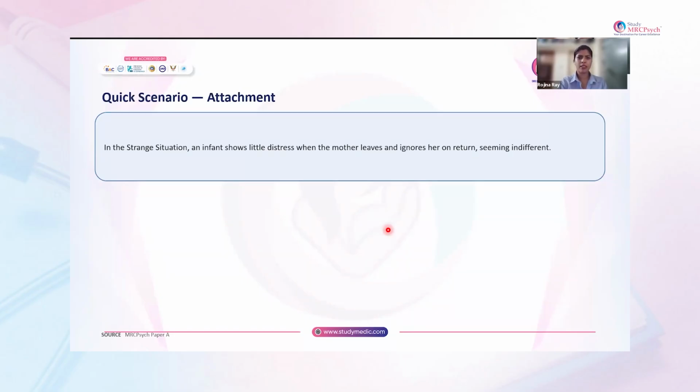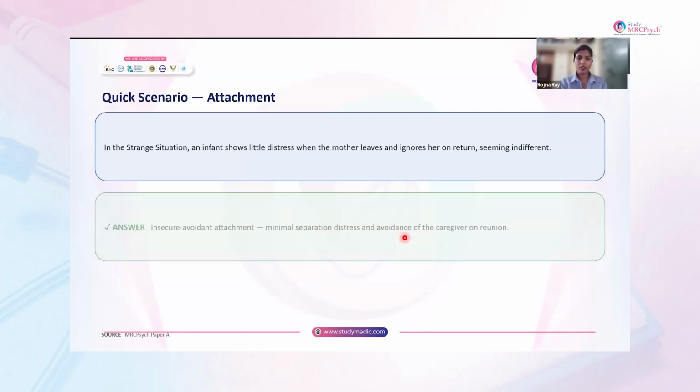So what can be this type of attachment? Can anyone guess? Okay. So the answer to this is insecure avoidant attachment. So there is minimal separation distress and avoidance of the caregiver on reunion. Whereas in the anxious ambivalent or resistant type, the child will be very distressed, but when the mother comes back, the child cannot be settled.